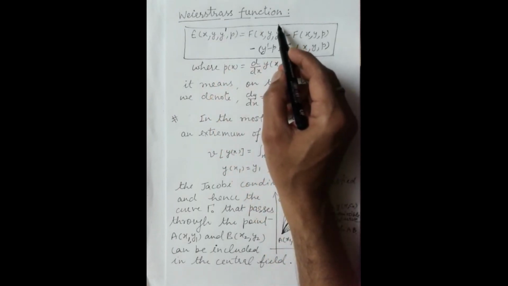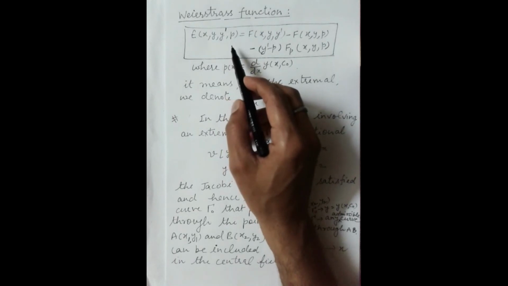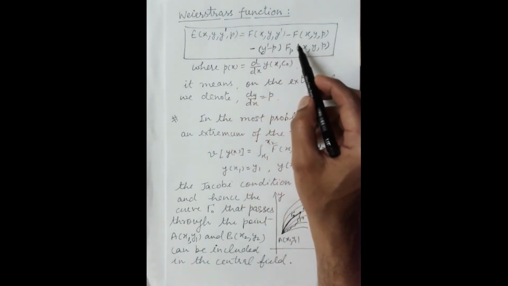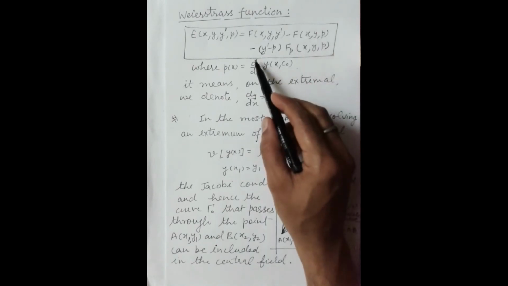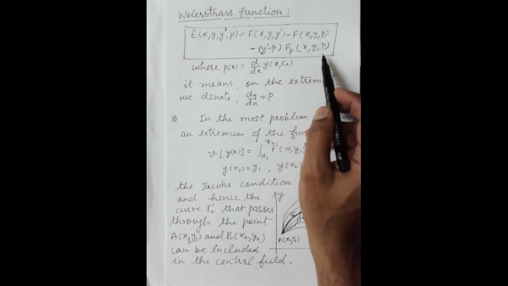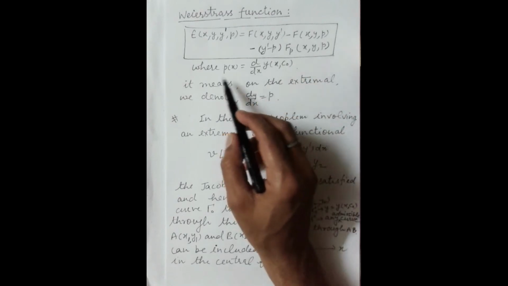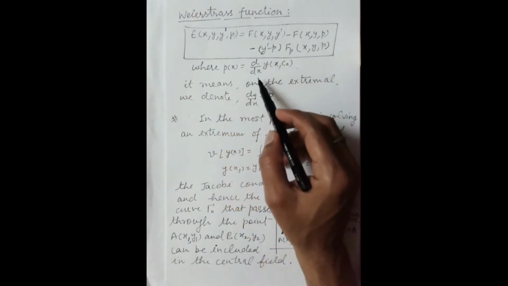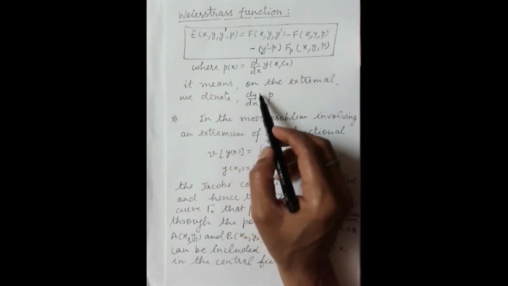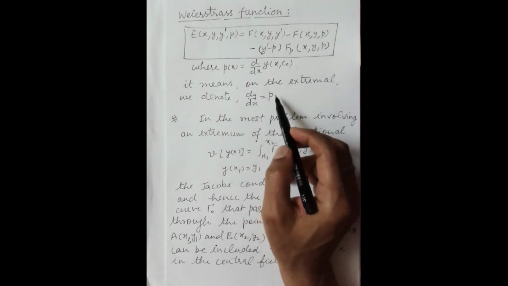Weierstrass function E(x, y, y', p) is equal to F(x, y, y') minus F(x, y, p) minus (y' minus p) Fp(x, y, p), where p(x) equal to d/dx of y(x, c0). It means on the extremal we denote dy/dx equal to p.